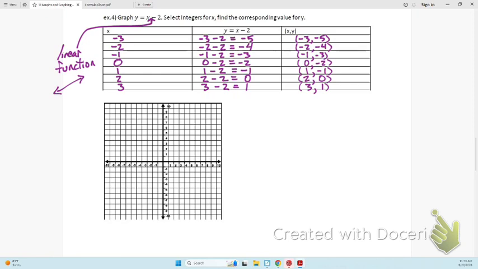Let's plot those points. And we have our line.